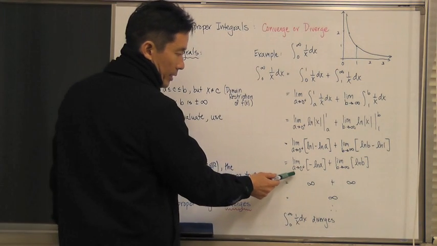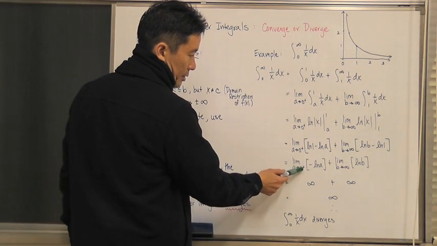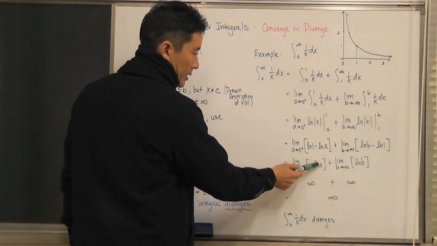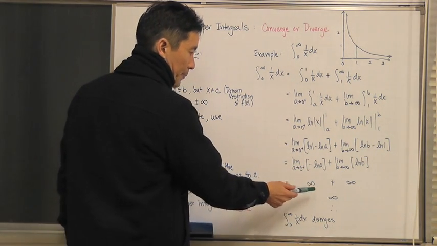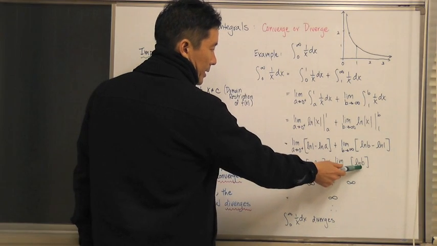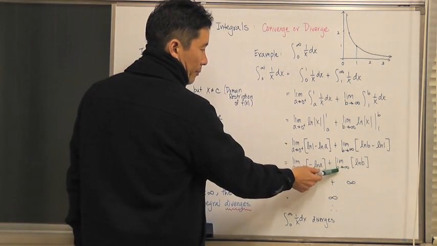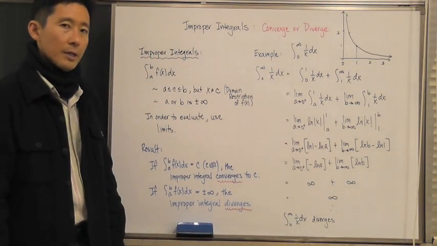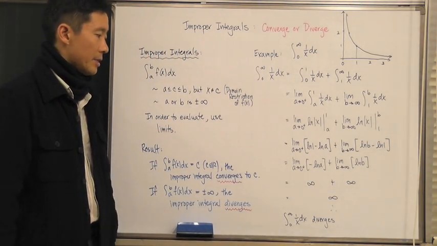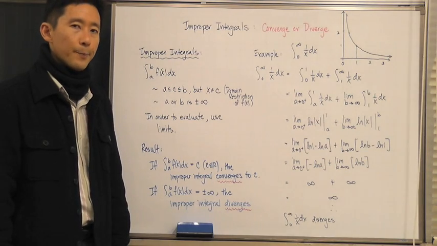So what I'm coming out with is that the limit as a approaches 0 from the right of the negative of the natural log of a is infinity, plus the natural log of b, and as b approaches infinity, that value is also going to go to infinity. So if I take infinity plus infinity, of course I'm going to come up with infinity.